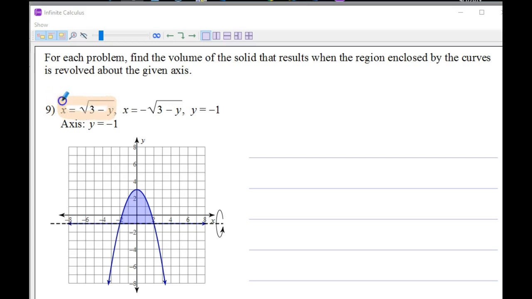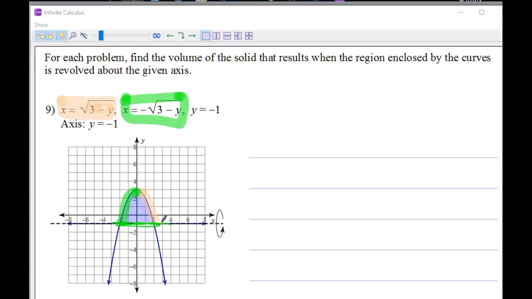This one is on the right, and this one is on the left. And then, of course, we have y equals -1. That's this line down here. Now we're revolving it around the line y equals -1.